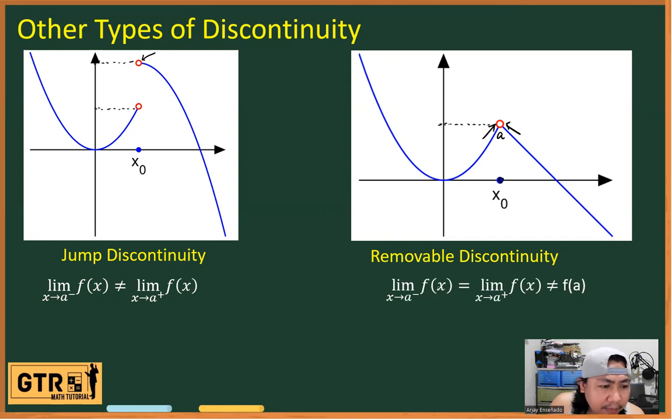So in symbol, we have limit of f of x from the left equals the limit of f of x from the right, but the value of f of x is not equal to f of a. So that is why this is discontinuous at x equals x sub 0 or x sub a. Okay, so we have three types of discontinuity: the jump, removable, and the infinite discontinuity.